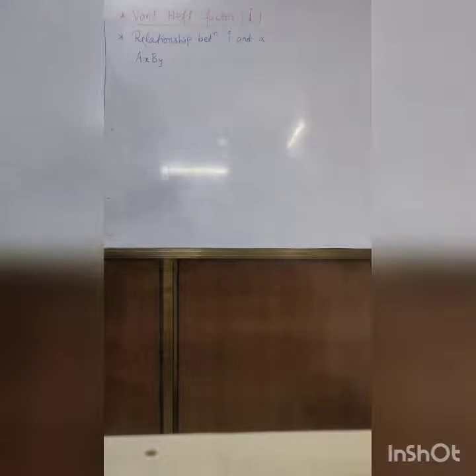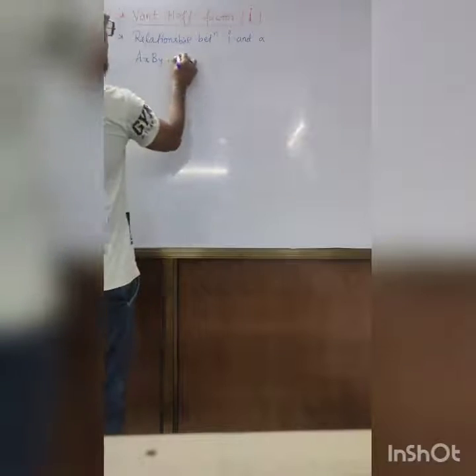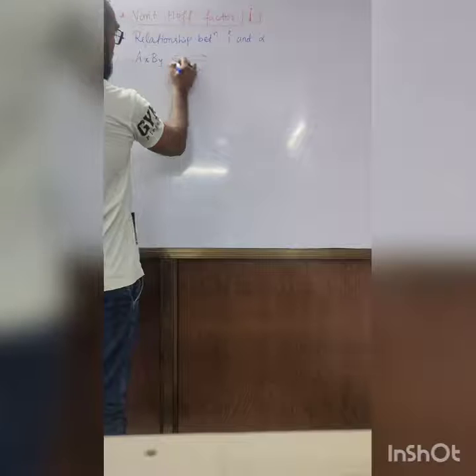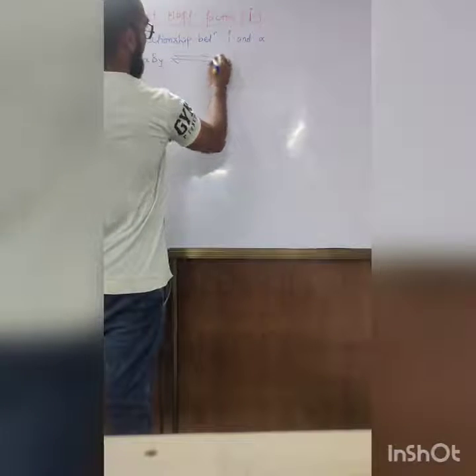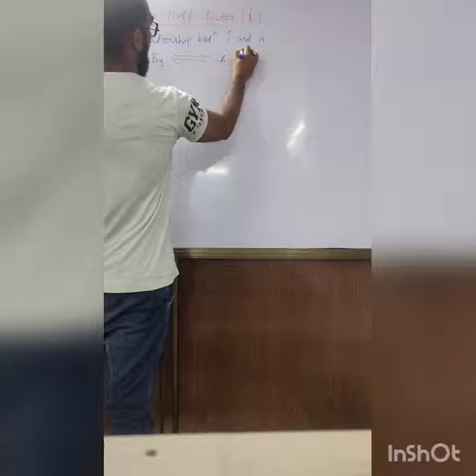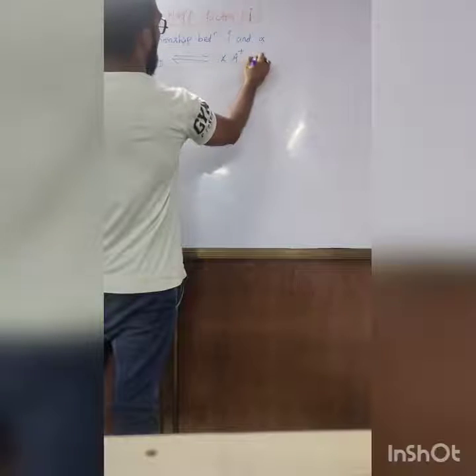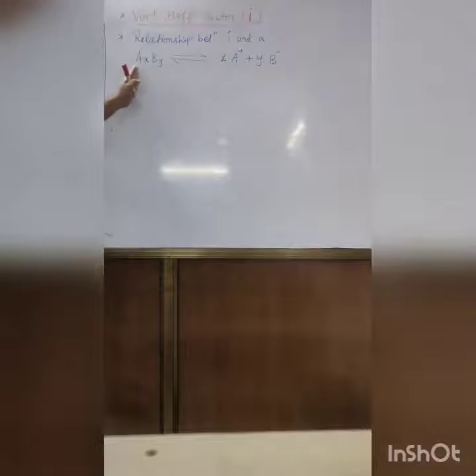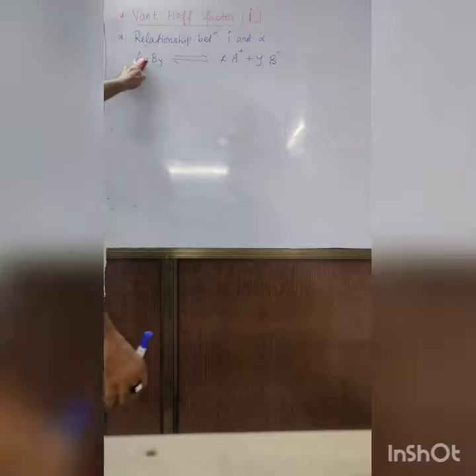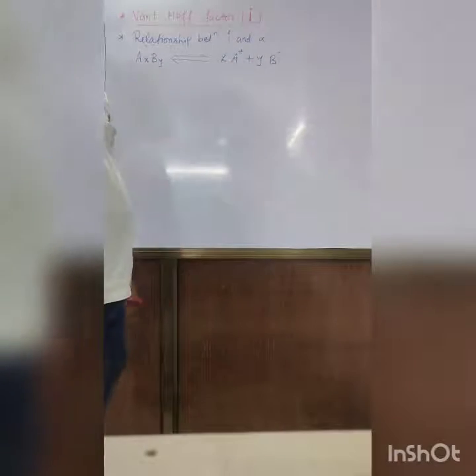I have taken 1 mole of electrolyte AxBy. This undergoes dissociation and these are in equilibrium. There is a formation of x A plus ions and y B minus ions. Suppose I have taken NaCl. This NaCl will break into the ions Na plus and Cl minus.